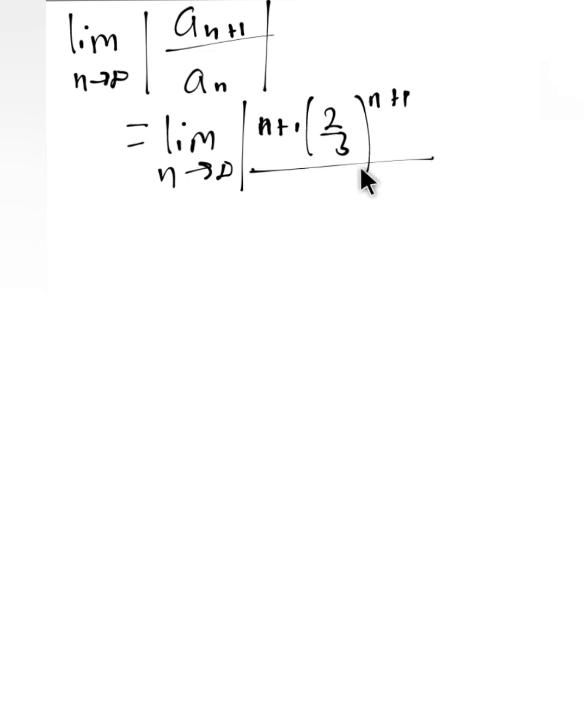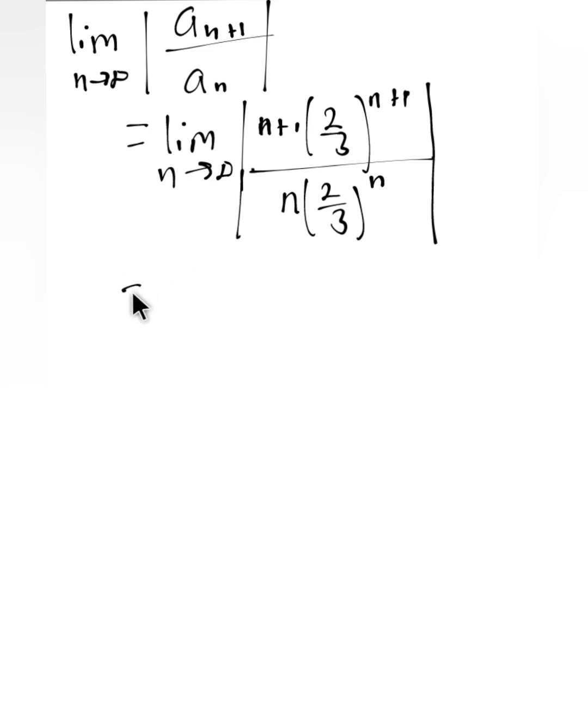And this is all over an. An is n times (2 over 3) all raised to the power n. Now we're going to solve this expression down, and our final answer will determine whether or not it converges or diverges. Now let's go.